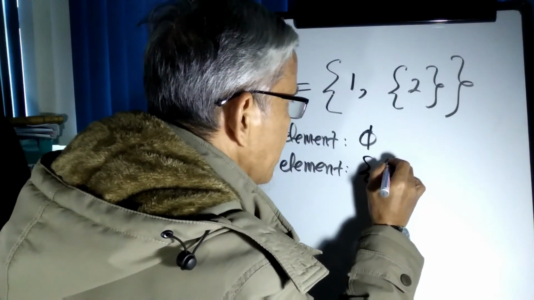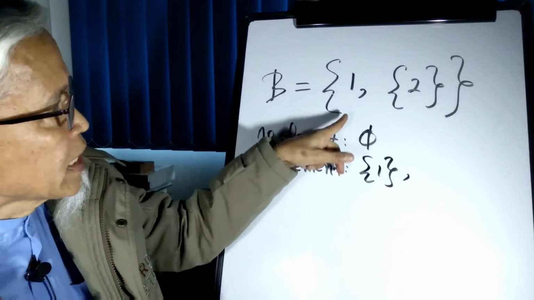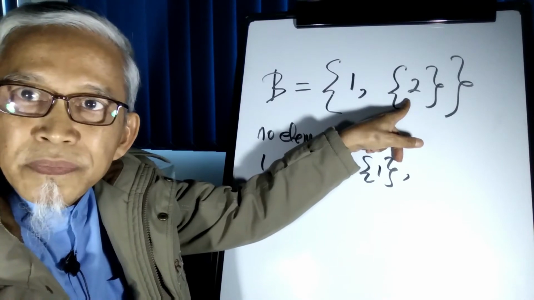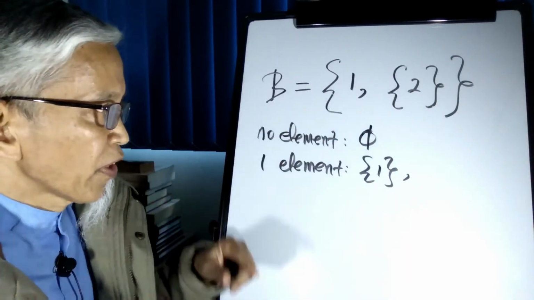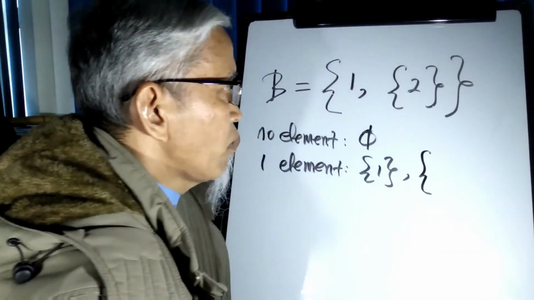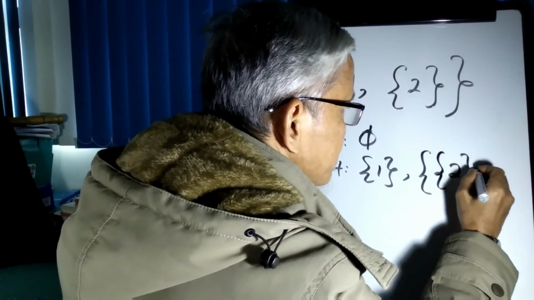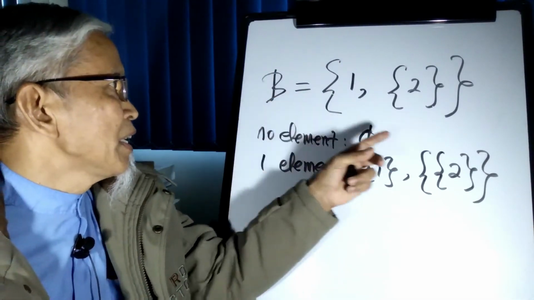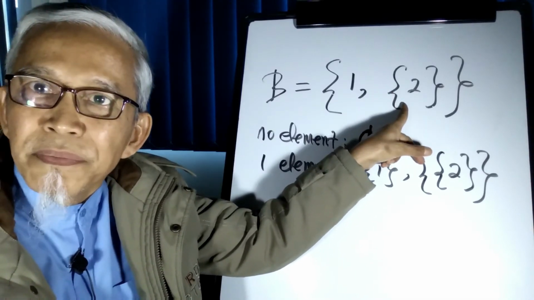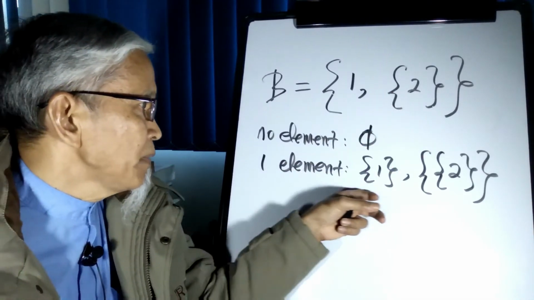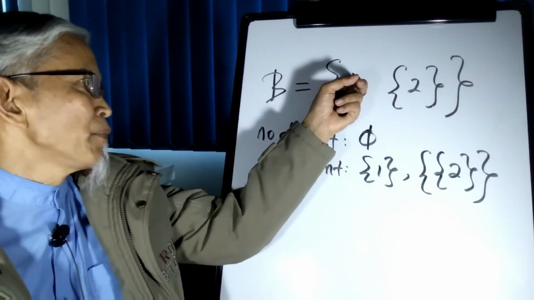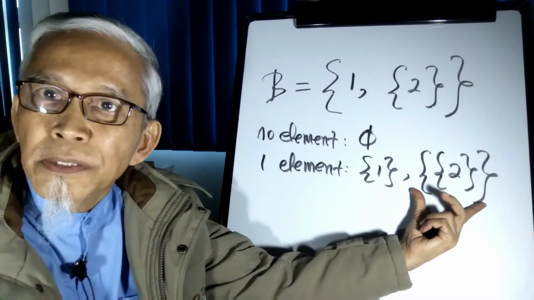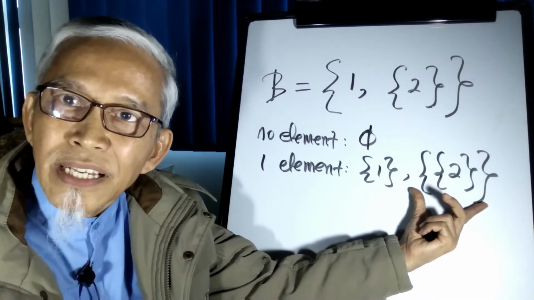So we have that. Now, how about this element here, the set? Can we write it down? The set like this. This is the subset of B with this element. So these are all the subsets of B with one element. With this element, this is one. With this element, this is another. Look at the double curly brackets that we have here.